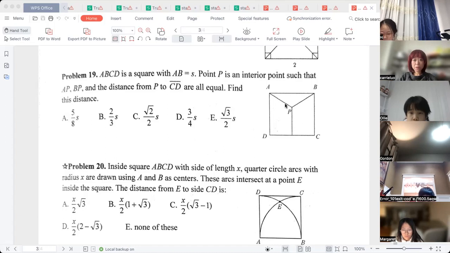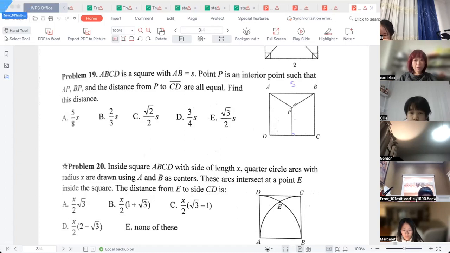Okay, so let's take a look at this one. So P is a point. AB equals S, so everybody, please put the S on top of it. P is an interior point such that AP equals BP. So I know AP must be a line that is parallel to AD and BC, right? And the distance from P to CD, where you make a right angle here, is all equal.